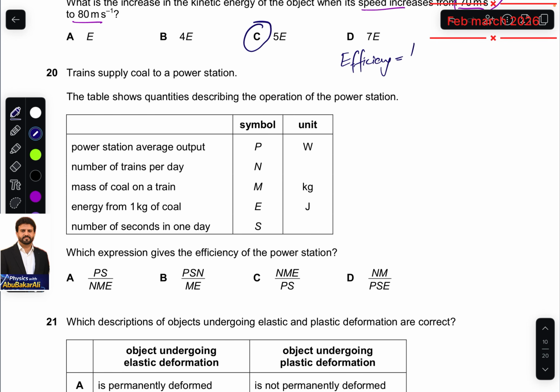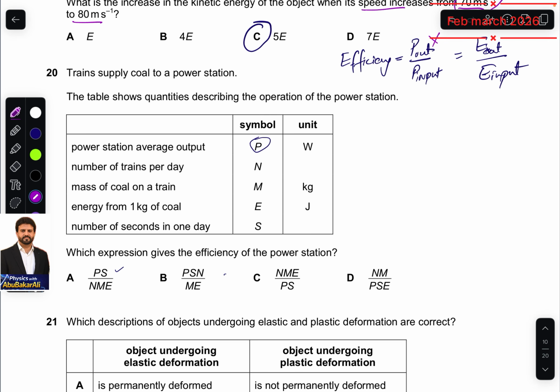You can say useful power output over power input, or you can say useful energy output over energy input. So let's look at what options we have. There is no power in the numerator, so we are not using this relation. Most probably we are using the second.